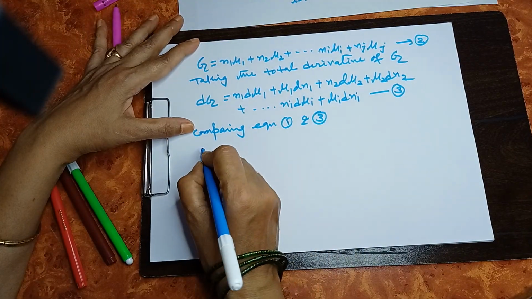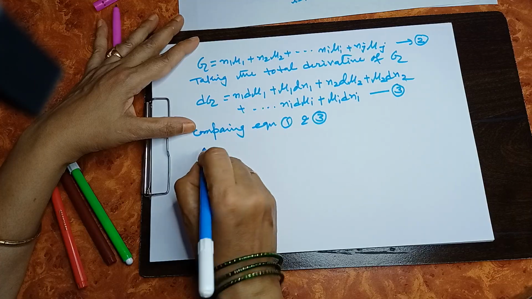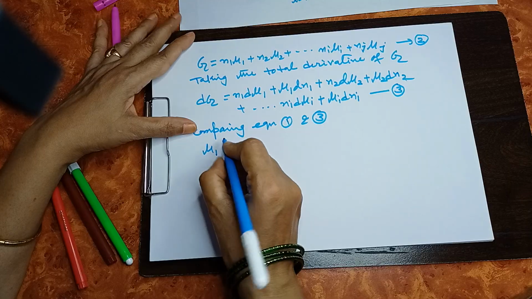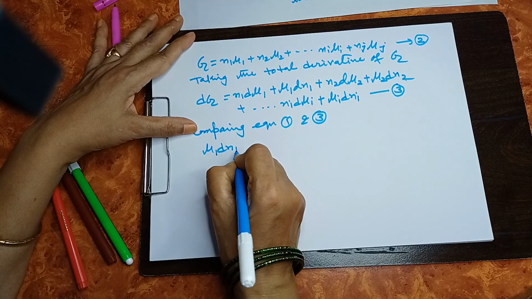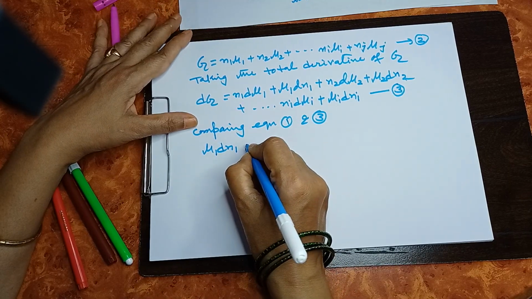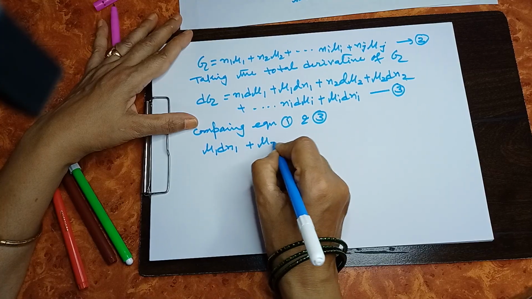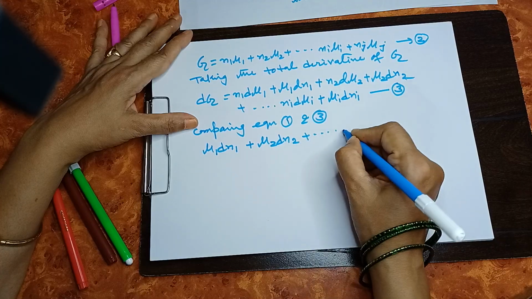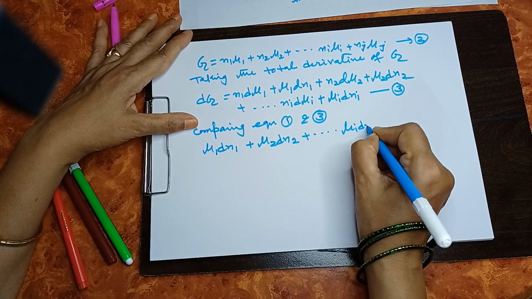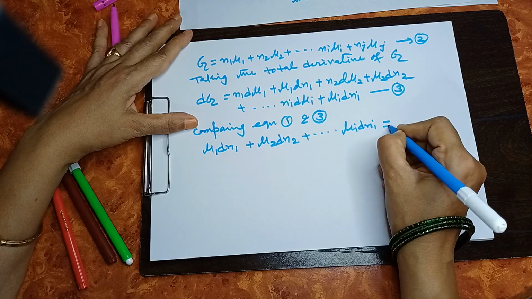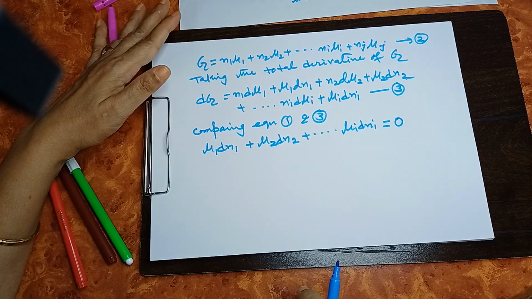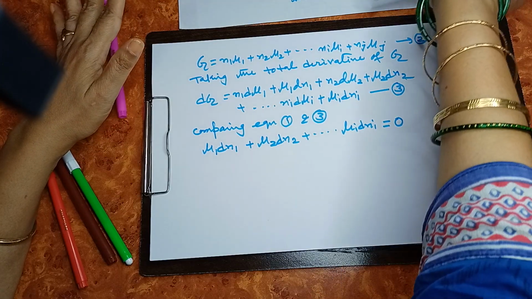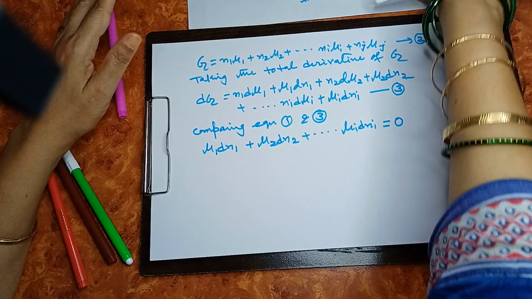That means what we will get is mu 1 dn1 plus mu 2 dn2 plus dot dot mu i dni is equal to 0. Sorry, I wrote that wrong.